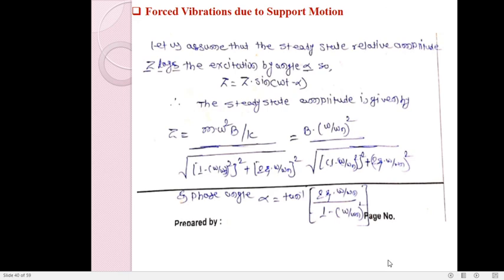Let us assume that the steady state relative amplitude z lags the excitation by angle alpha. So we get z is equal to Z sine (omega t minus alpha).